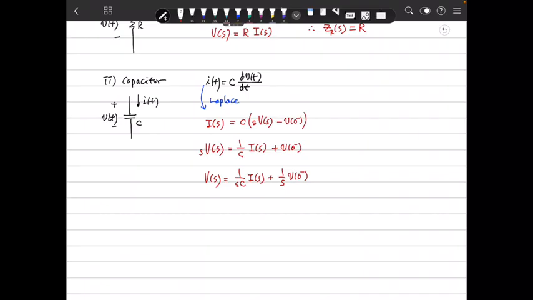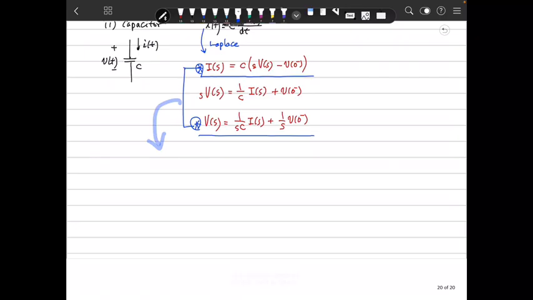So we have two representations of the capacitor in the Laplace, this and this. So we can rederive the Laplace equivalent, the second one.